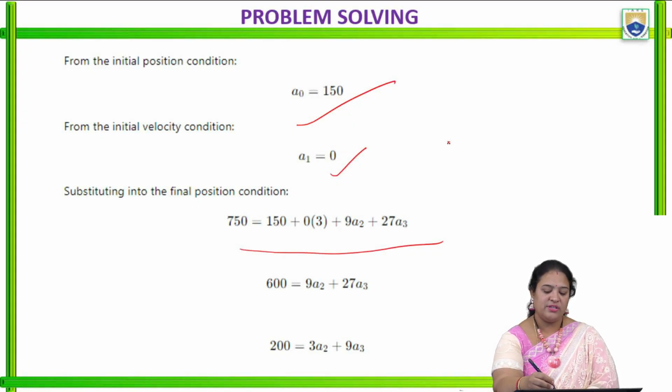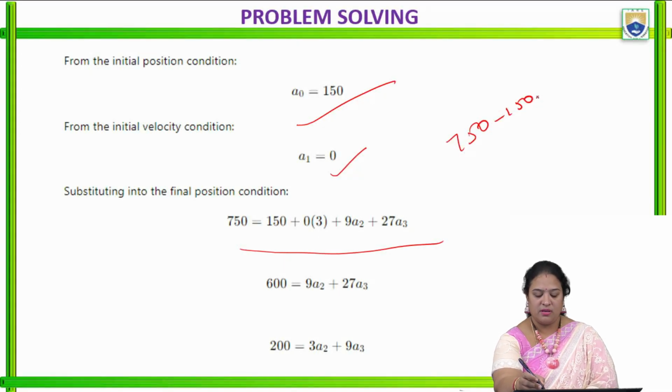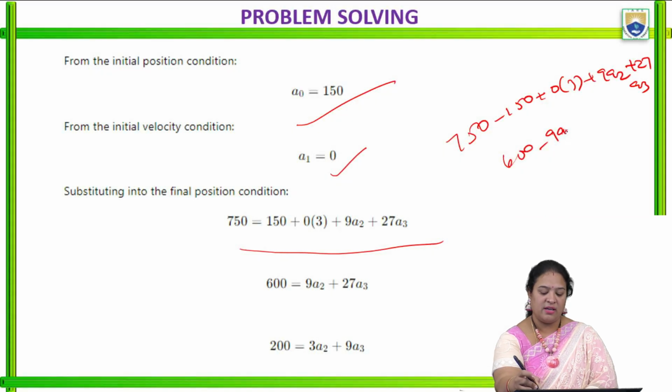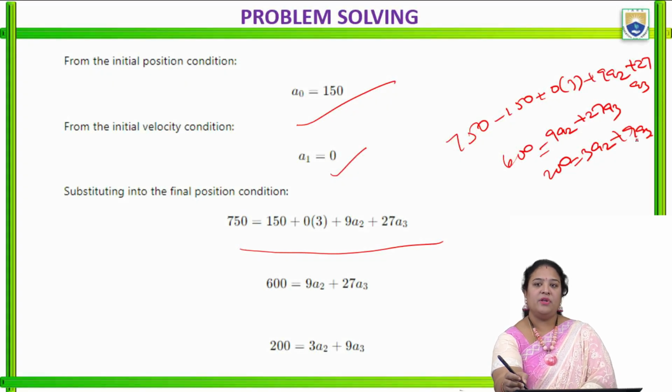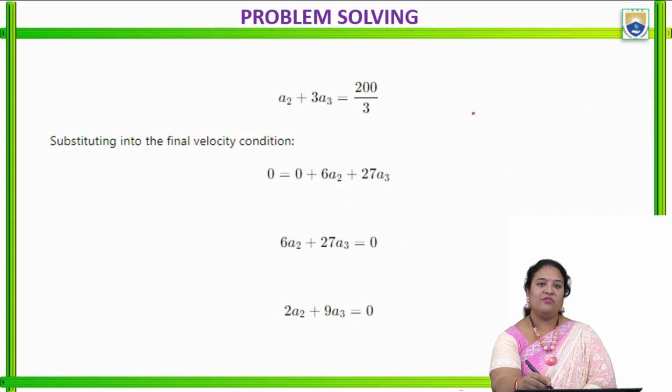Now with these equations, we need to substitute. 750 minus 150 minus 0 of 3 is 9a2 plus 27 a3, which is equal to 600, so 600 is equal to 9a2 plus 27 a3, where we have got 200 is equal to 3a2 plus 9a3.